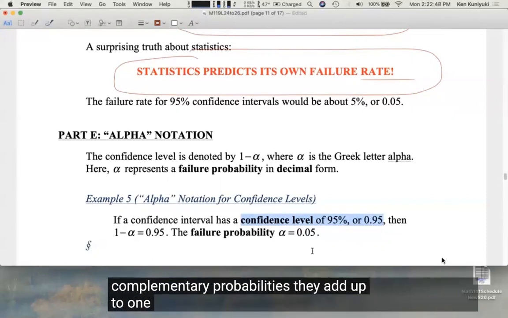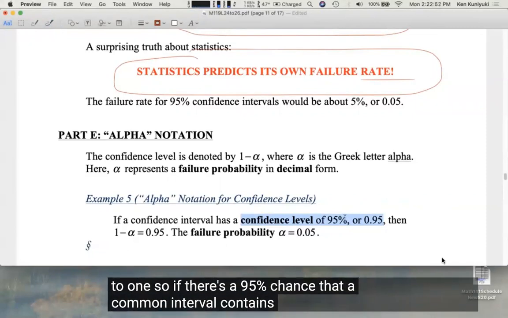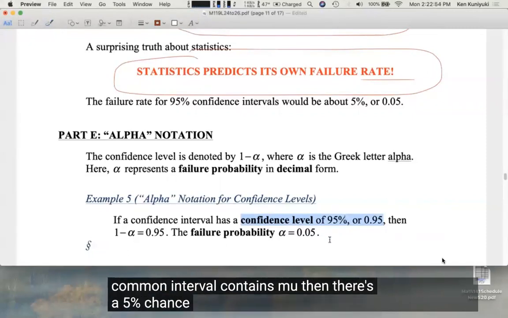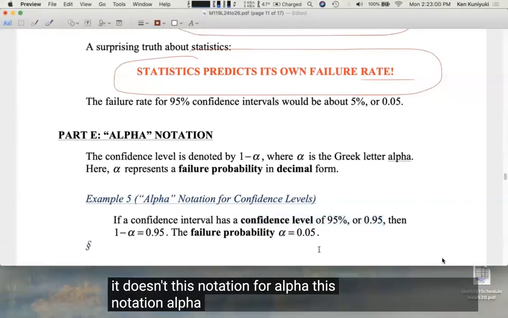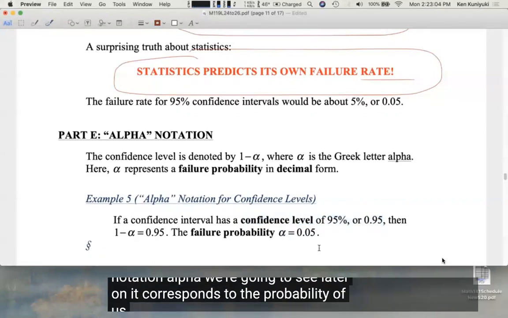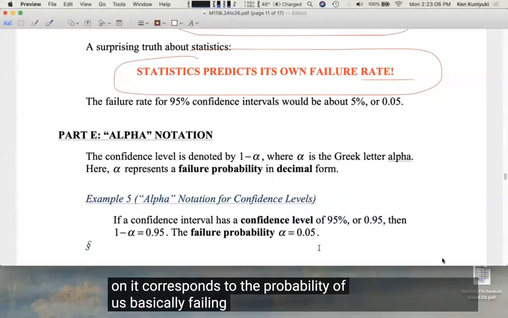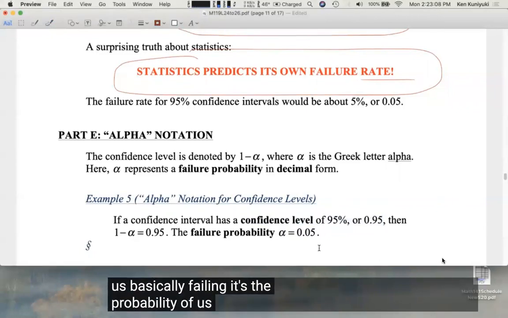They add up to 1. So if there's a 95% chance that a confidence interval contains mu, then there's a 5% chance it doesn't. This notation for alpha, we're going to see later on. It corresponds to the probability of us basically failing, as we'll see when we get to hypothesis testing in the last part of the class.